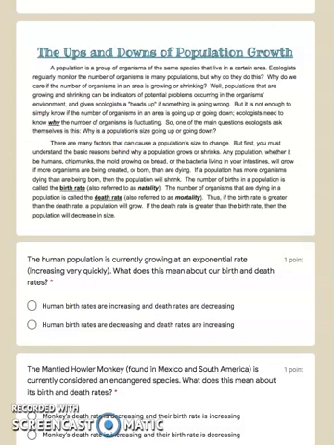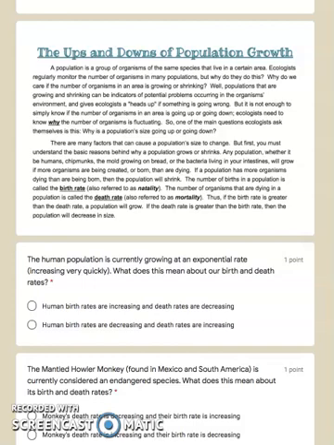But first, you must understand the basic reasons behind why a population grows or shrinks. Any population, whether it be humans, chipmunks, the mold growing on bread, or the bacteria living in your intestines, will grow if more organisms are being born than dying. If a population has more organisms dying than are being born, then the population will shrink.